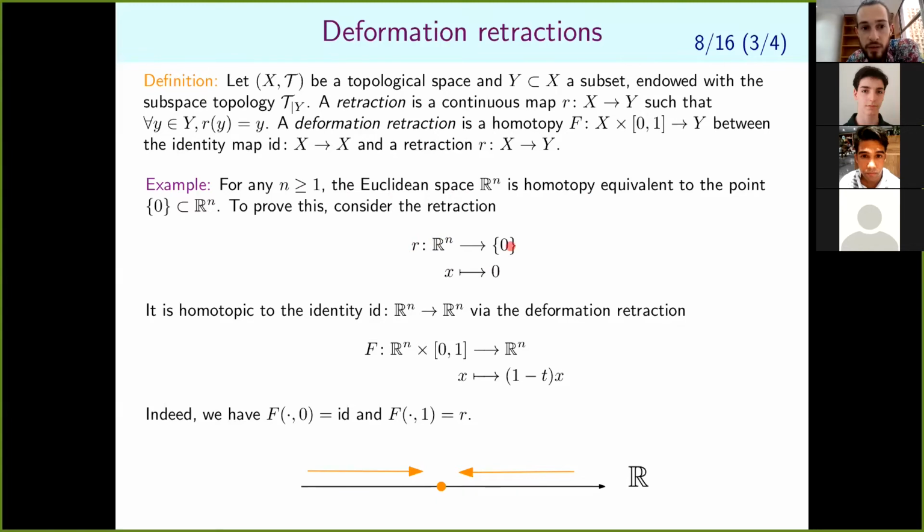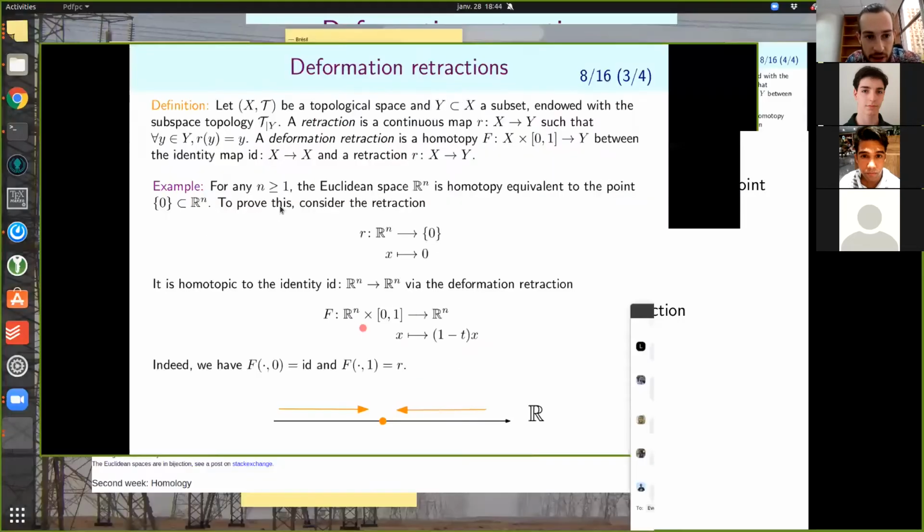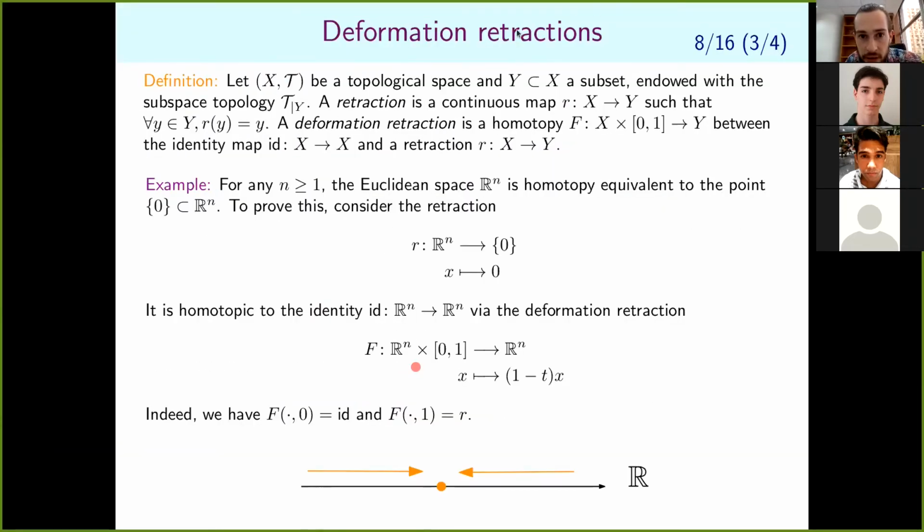From R^n to R^n, 0 here represents the origin of R^n, the vector 0, 0, 0, 0, n times. So the retraction is simply you take your space and you crunch everything into the origin. I will define a homotopy between this and the identity. Very simple. Large F maps. So again, a mistake here. Sorry. This should be a point x t.